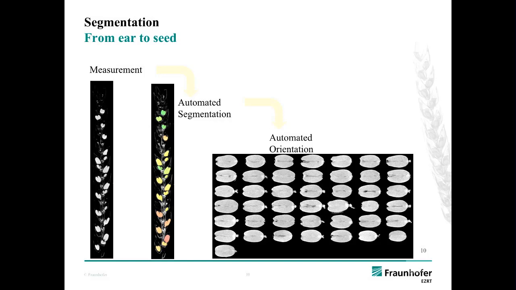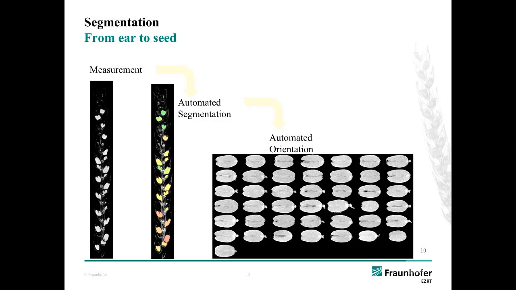And then we just orientate the seeds so that they are all in the same orientation and make an image just for the user to see how the algorithm is working, if it's good or not good, to have a reaction on the ear, where the seed has the biggest diameter in size. So as you can see on the image below here, these are all the seeds which we found in the ear, and they are all in the same orientation to see how it will look like.